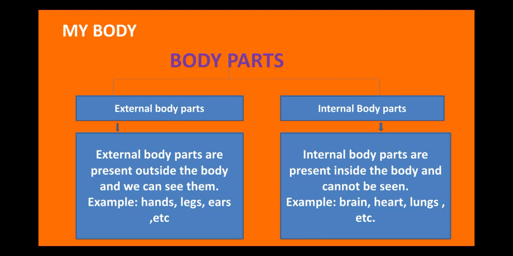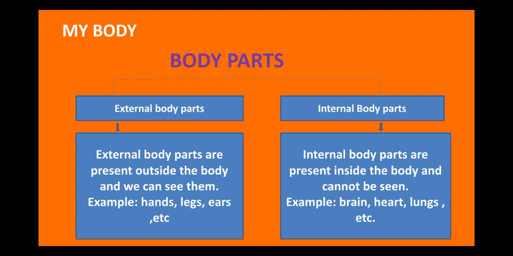Can you see your feet? You can also see your hand. So these are the external body parts. External body parts are present outside the body and you can see them. What are the examples of some external body parts? Hands, legs, ears, etc. All of these are external body parts.